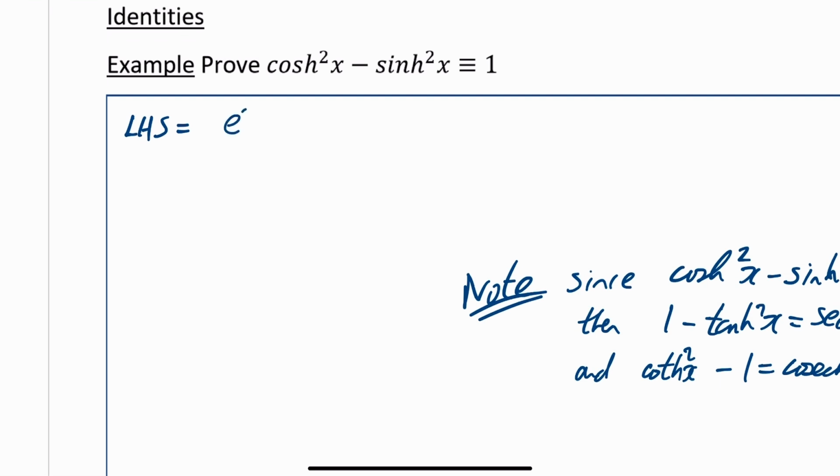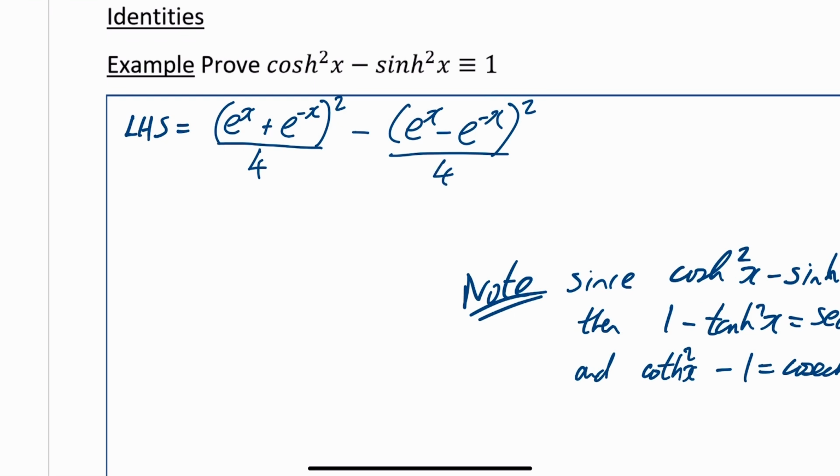So hyperbolic cos of x, remember, is e to the x plus e to the minus x, all over 2, but it's squared, so the 2 is going to be squared to give you 4. Hyperbolic sine of x, remember, is e to the x minus e to the minus x, over 2, and it's squared. So let's work through this and see what we get.